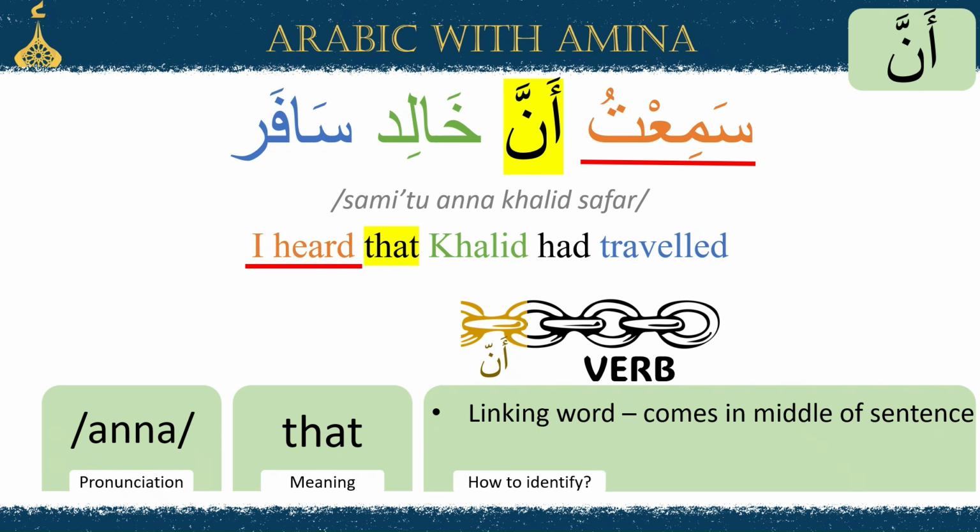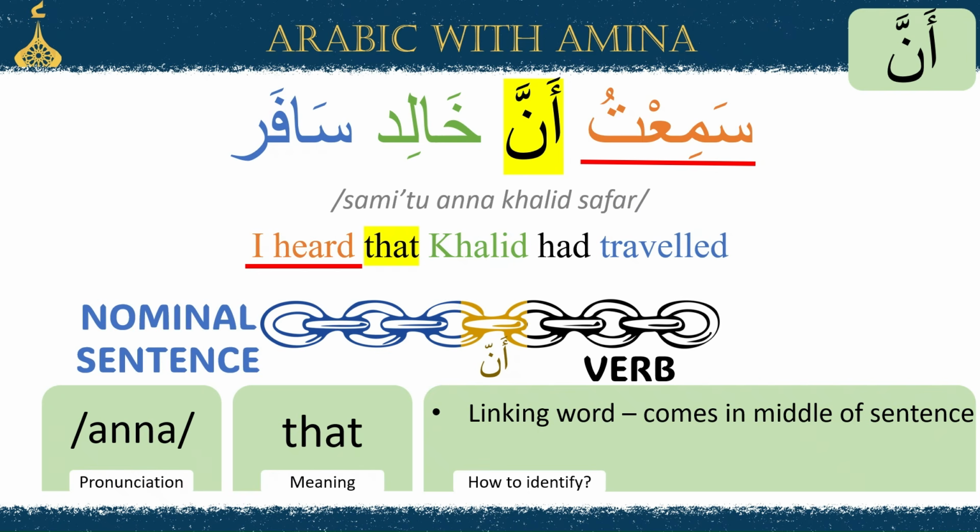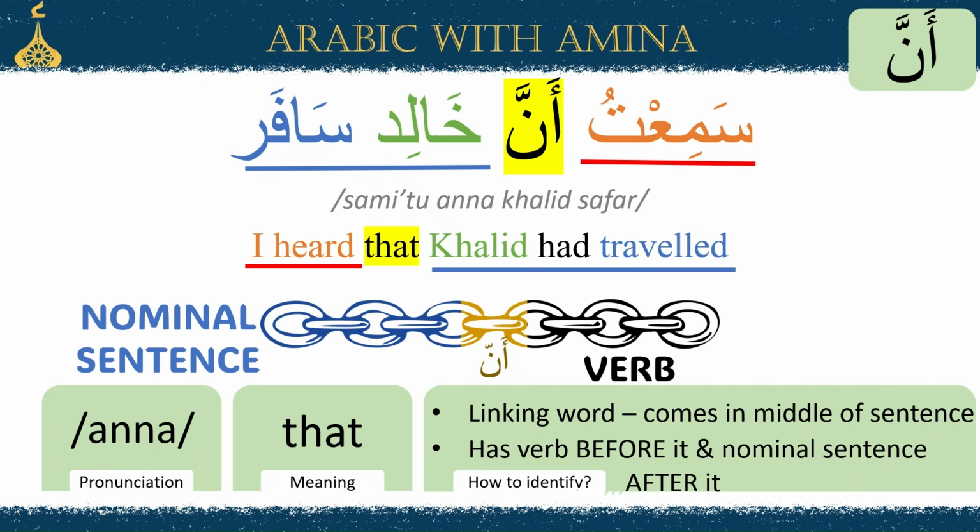So it's linking a verb before it to what? What is coming after it? After it is a nominal sentence. And in this example, that is Khalid سافر. Khalid had traveled. So it is a linking word that comes in the middle of a sentence. It has a verb before it and a nominal sentence after it.